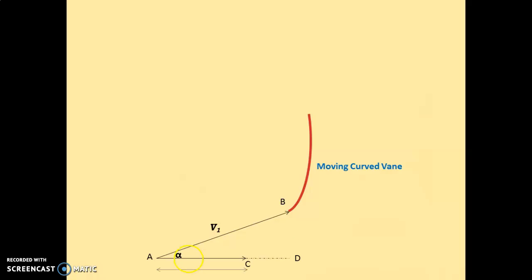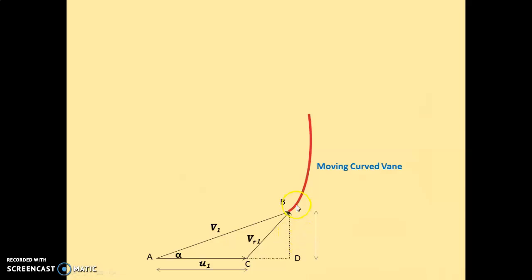Okay. Now AC we will consider as U1. And we have seen U1 is equal to U2 is equal to U, which is 20 meter per second. Now, as the jet strikes the plate with a relative velocity Vr1, CB represents Vr1.